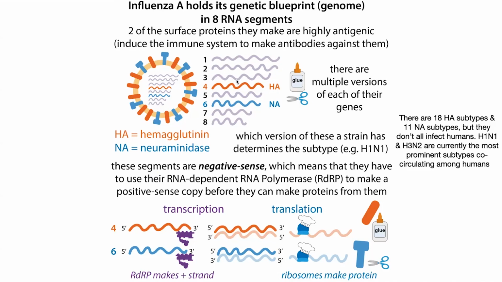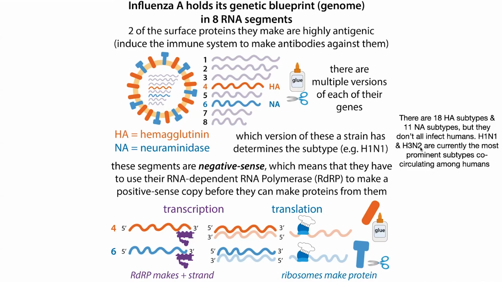Segment 4 has the instructions for making hemagglutinin, and segment 6 has the instructions for making neuraminidase. There can be different versions of each of these genes, and which version a strain has is going to determine the subtype. This is how we get things like H1N1 and H3N2.